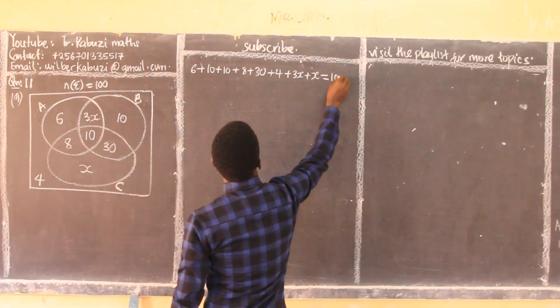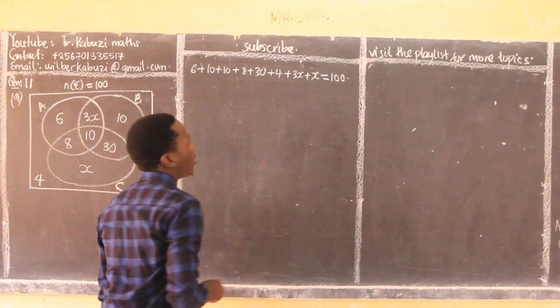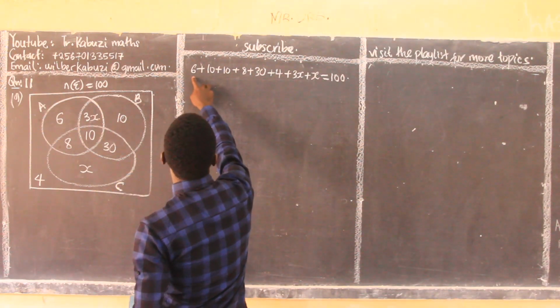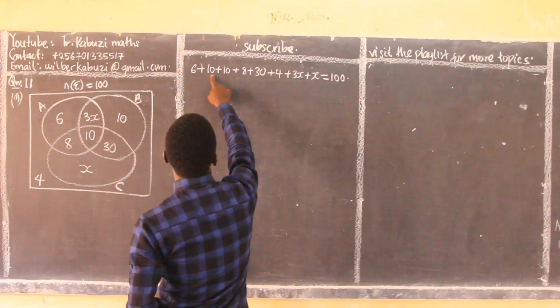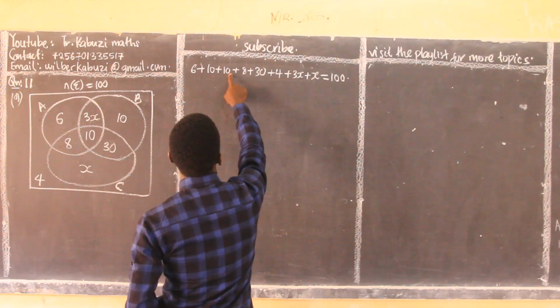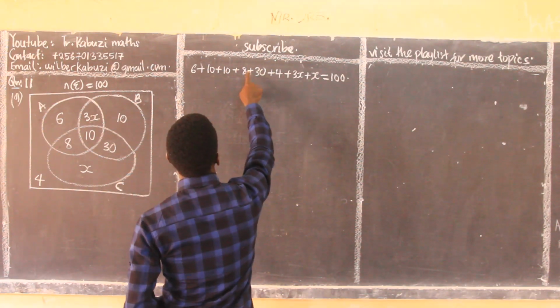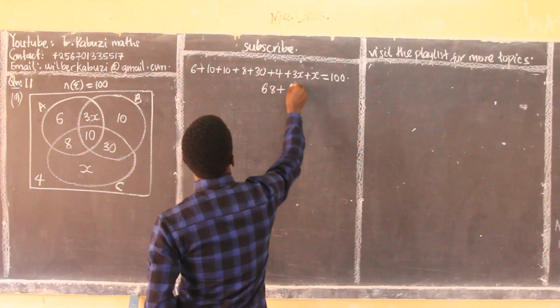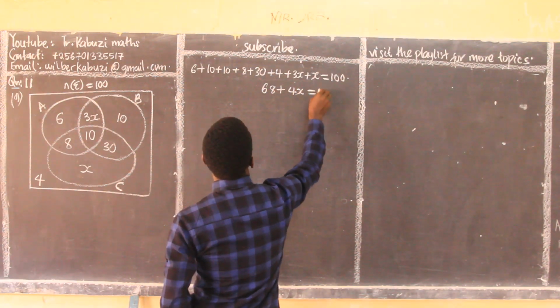I should get the total number as 100. So this is going to be 16, 26, 34, 64, 68. So I have 68 plus 4x equals 100.